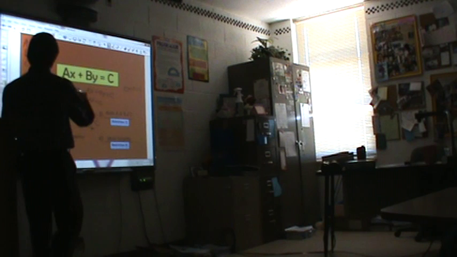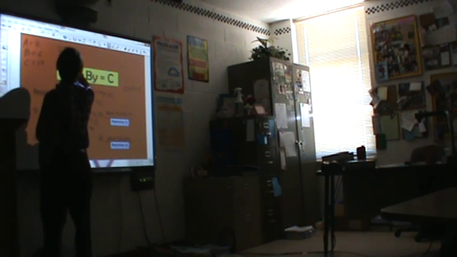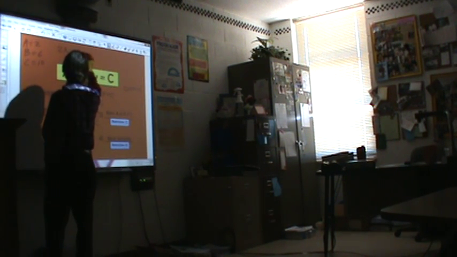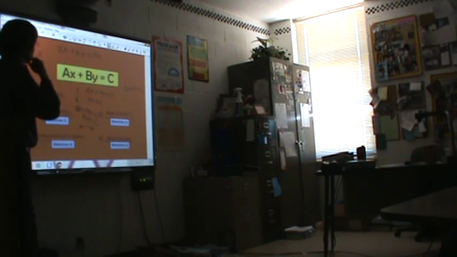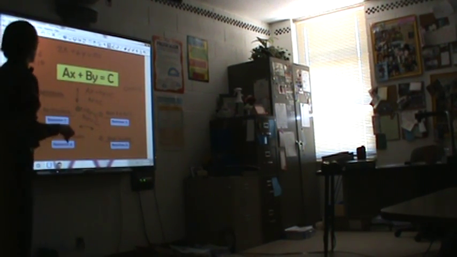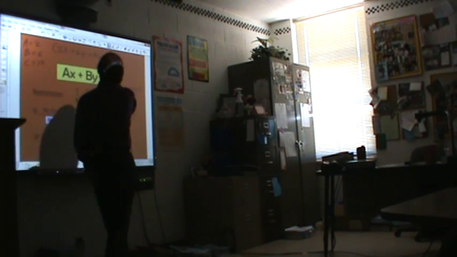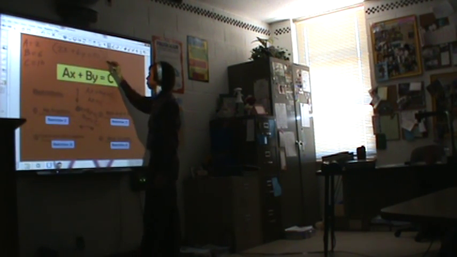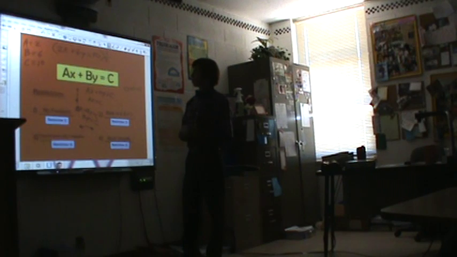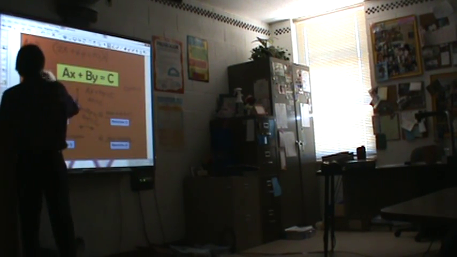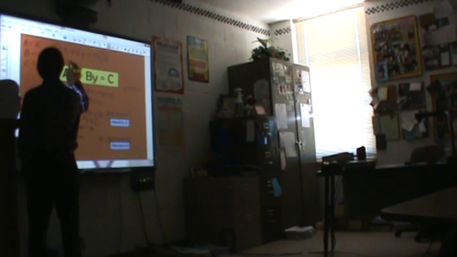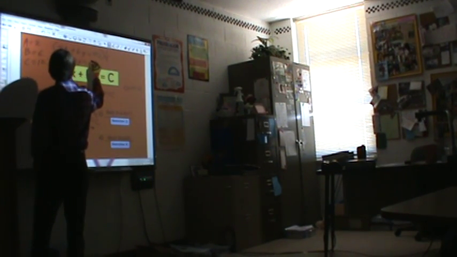Right, so our equation in standard form would look something like 2x plus 6y equals 10. However, this equation can be simplified in such a way that by dividing both sides of the equal sign by 2, these two terms will cancel out, leaving just x plus 3y equals 5.